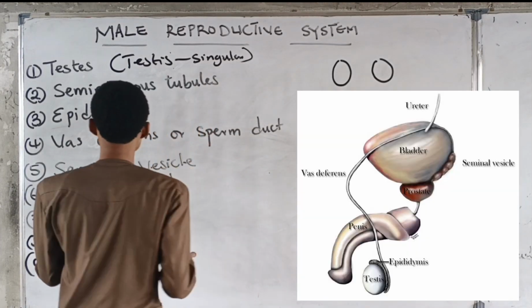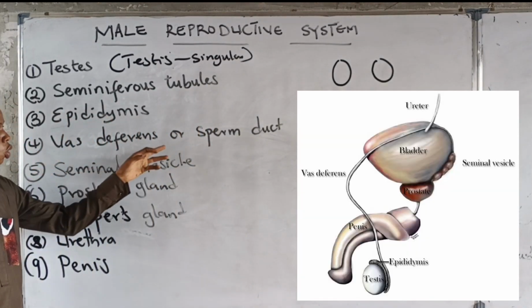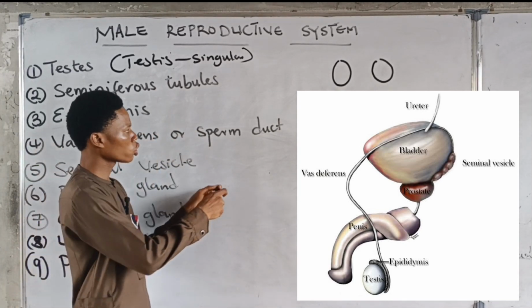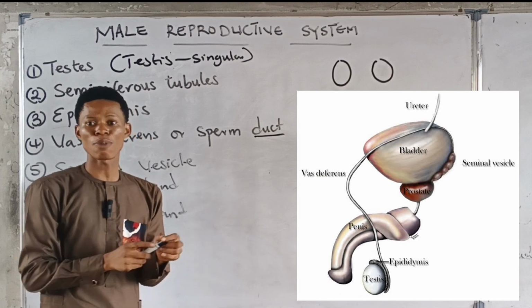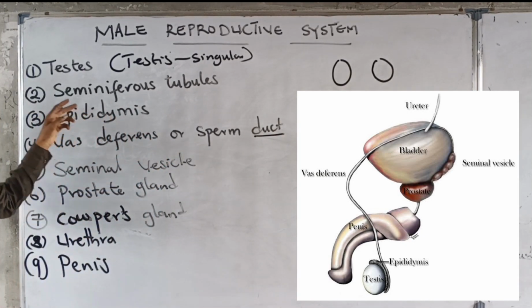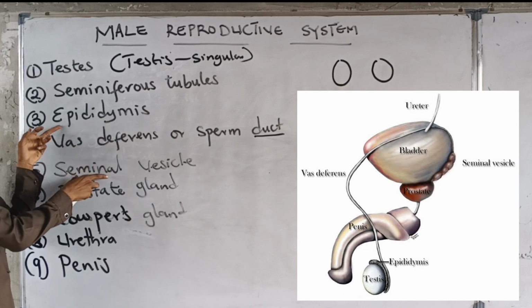Then we have the next one here, the vas deferens or sperm duct. Please, in biology, anytime you hear duct, it is like a tube, like a passage. So the vas deferens, or sperm duct, connects the epididymis to the seminal vesicle.